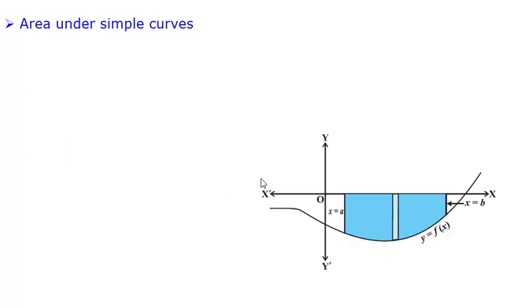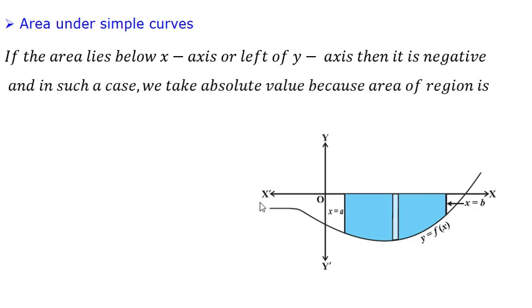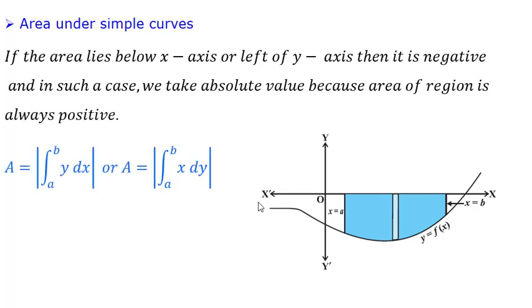Now if the curve is below the x-axis, then when we calculate the area we get a negative value, but as we know that area cannot be negative, while calculating the area we use the modulus sign. So the area is the modulus of y dx, where x varies between a and b.